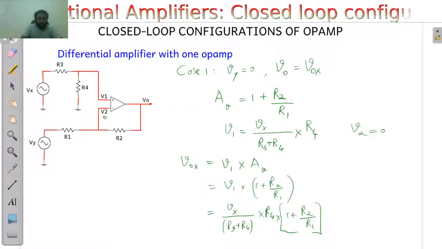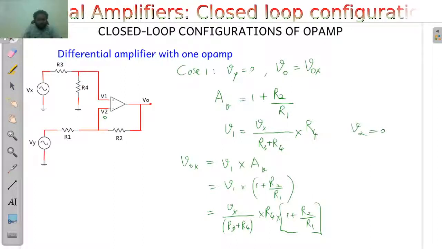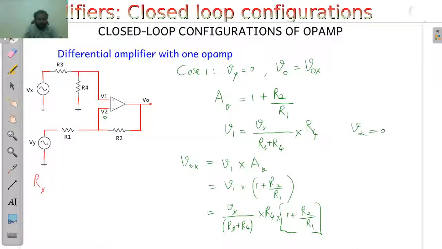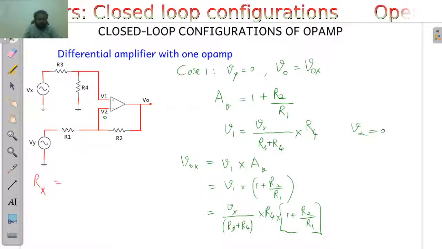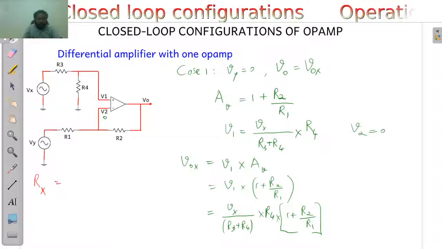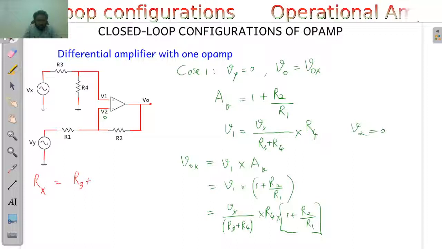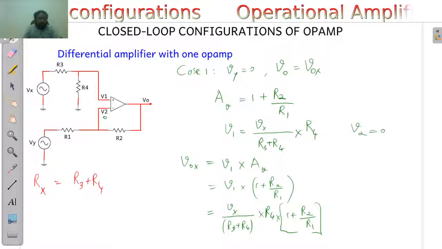So I can write it down, the input impedance for Vx is Rx, and that is R3 plus R4.